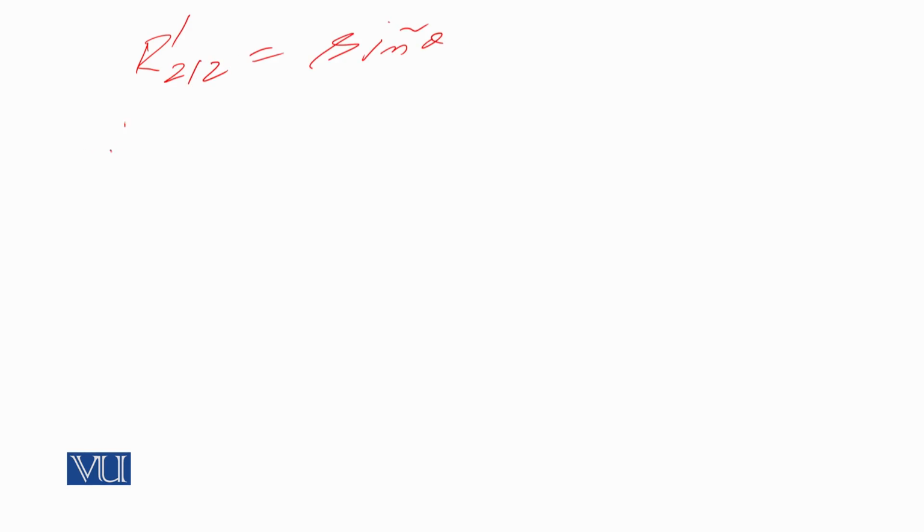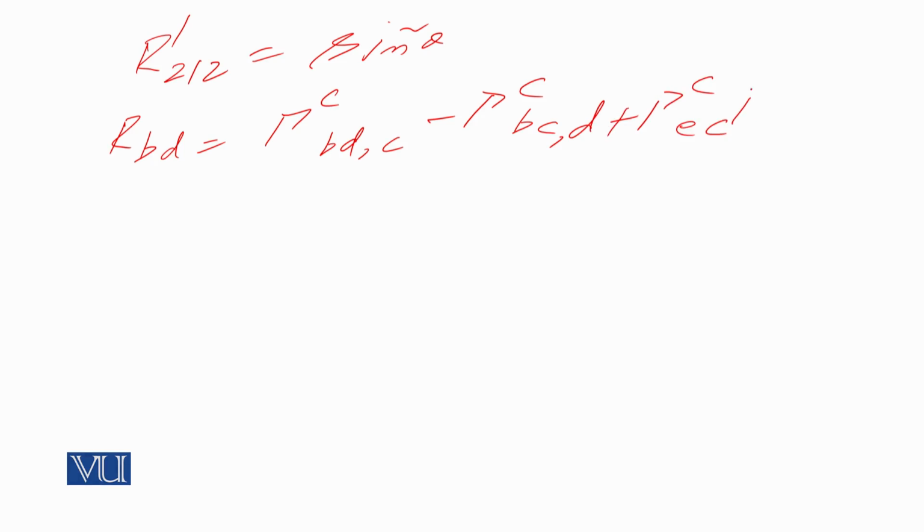So you can now calculate the Ricci tensor: R_bd equals Γ^c_bd,c minus Γ^c_bc,d plus Γ^c_ec Γ^e_bd minus Γ^c_ed Γ^e_bc. Okay, you can put the indices according to the non-zero values of the Christoffel symbol, and we can have the following options. For example, we want to calculate only R11. You can find the rest of the indices as well.